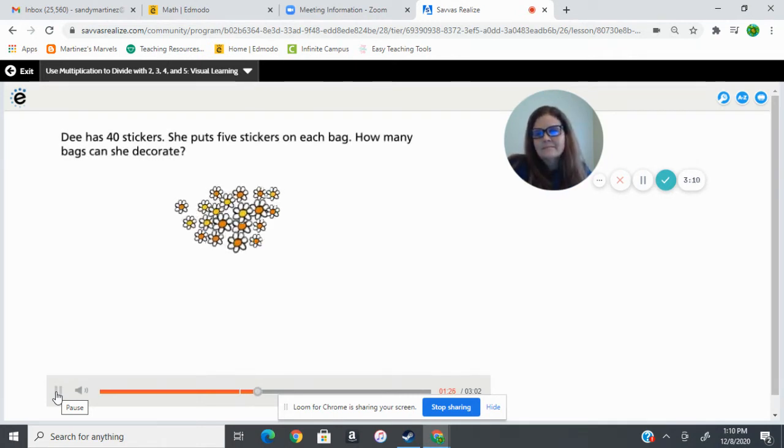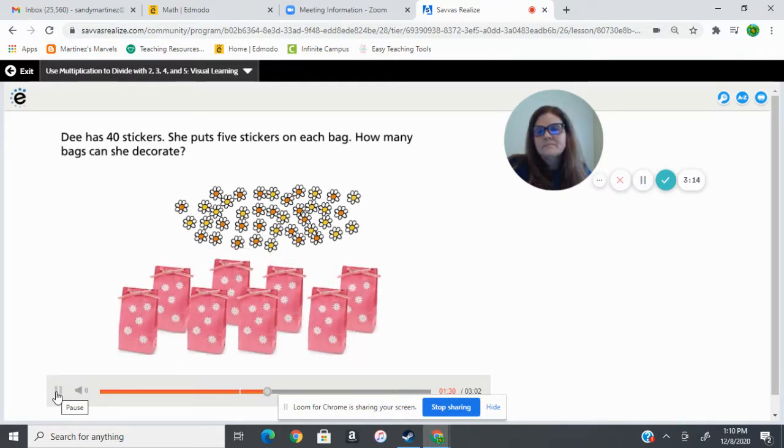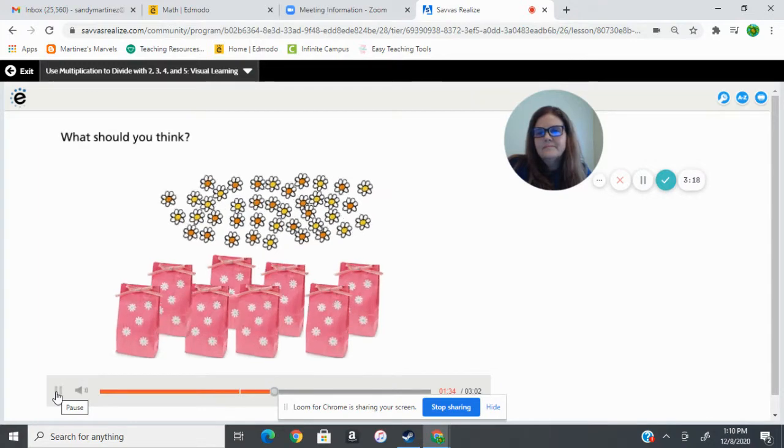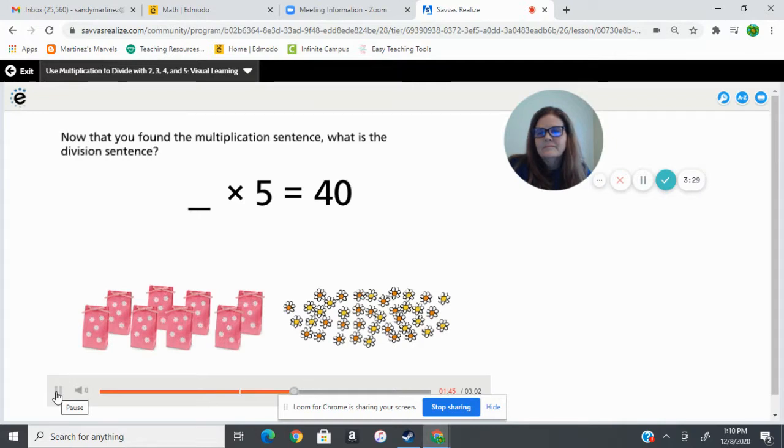D has 40 stickers. She puts 5 stickers on each bag. How many bags can she decorate? What should you think? What number times 5 is 40? Now that you've found the multiplication sentence, what is the division sentence?